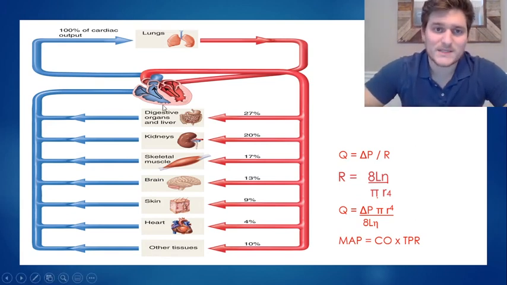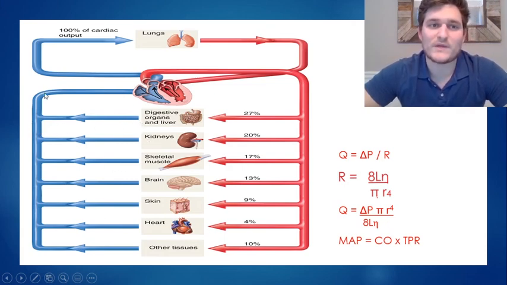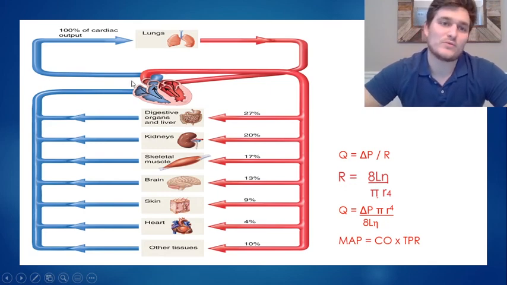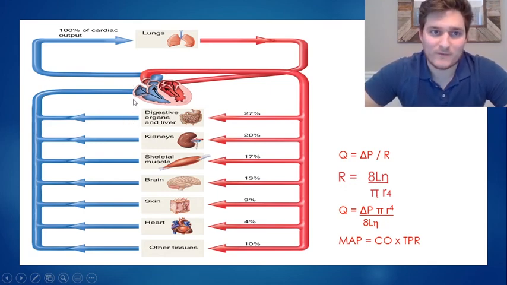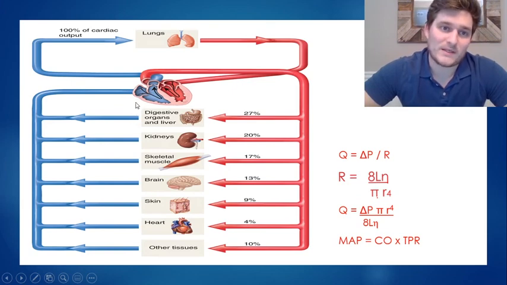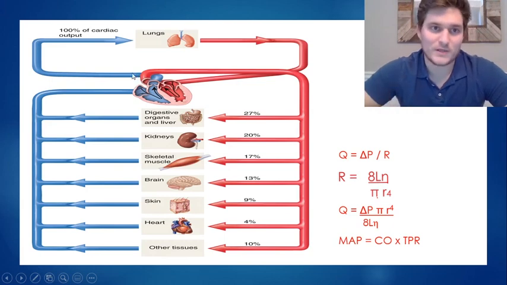Once that oxygen is dumped off at these different cells, that blood, now deoxygenated venous blood, is going to make its way through the venous circulation back to the right side of the heart. That venous blood is going to be dumped from the vena cava, the inferior and superior vena cava, not shown here, but these are the vessels that will transport this venous blood to the right atrium.